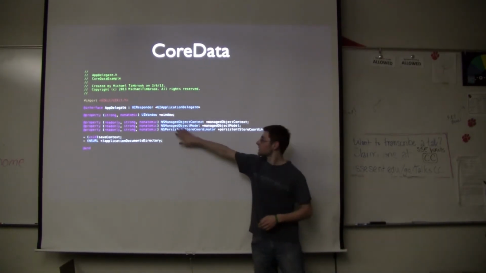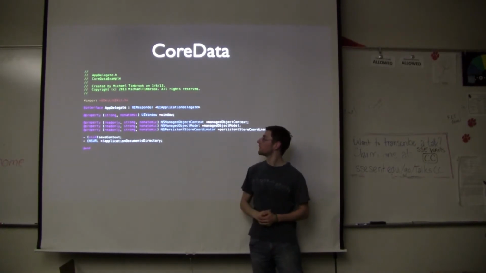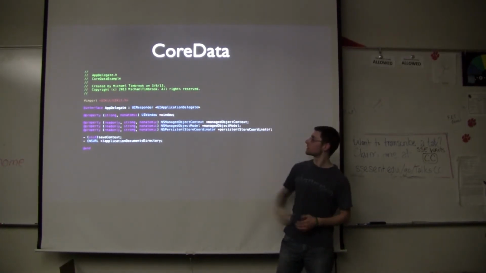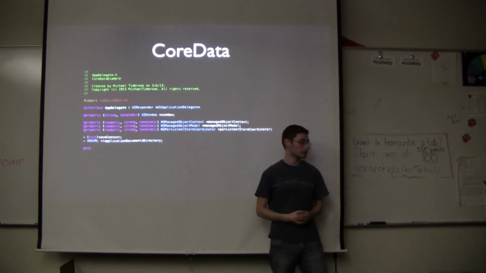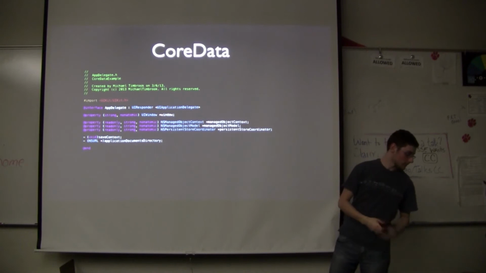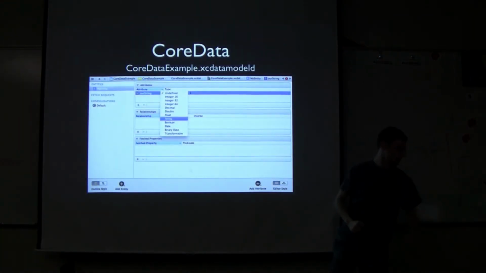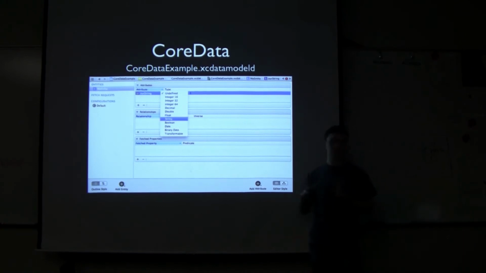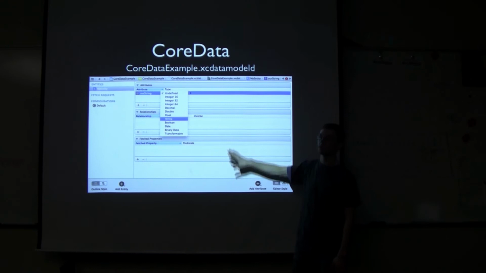The managed object context and persistent store coordinator, these are the things I talked about earlier. These are how you access your model and how you access your data. You also have this Xcode data model. This is the graphical interface that you use to manage your database.